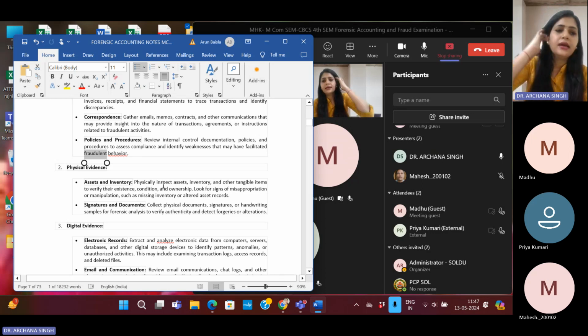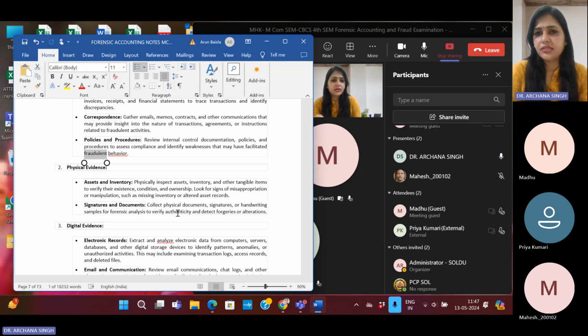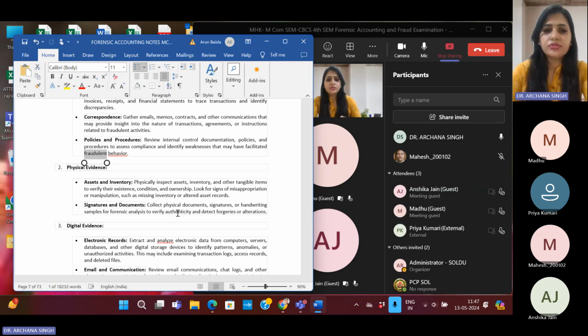Along with that, they can collect physical documents regarding signatures and handwriting samples, so that they can verify authenticity and reliability and detect forgeries and alterations. Forgeries means someone's signature was deliberately, not accidentally, copied and used.